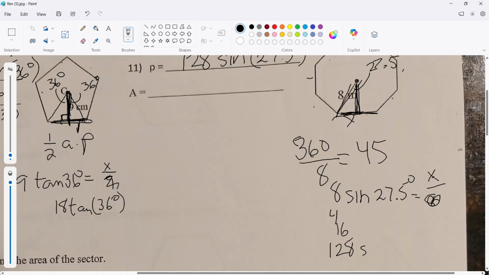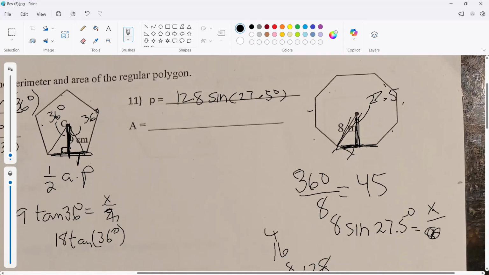Why did I do 4 times 16? I did 16. Did I do 16 times 8? Yeah. So this is 128 sine 22.5 degrees. Okay, how do I find the apothem?